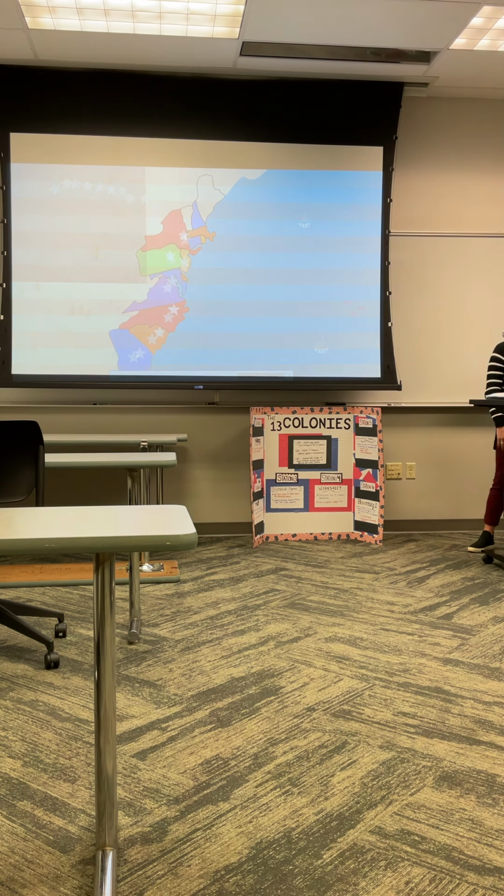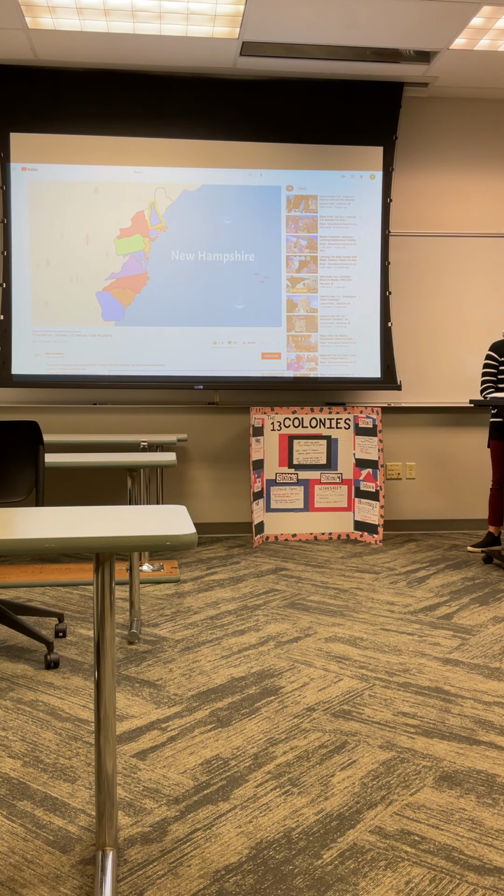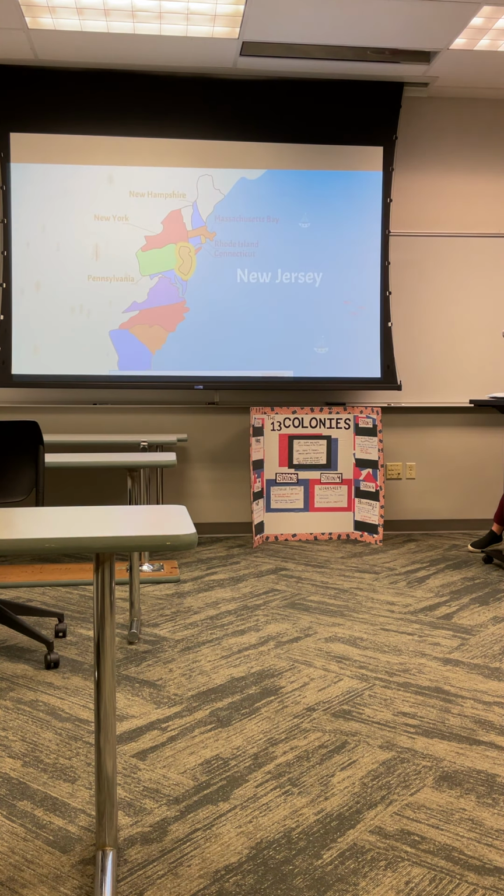These stars represented the original 13 American colonies: New Hampshire, Massachusetts Bay, Rhode Island, Connecticut, New York, Pennsylvania, New Jersey, Delaware, Maryland, Virginia, North Carolina, South Carolina, and Georgia.